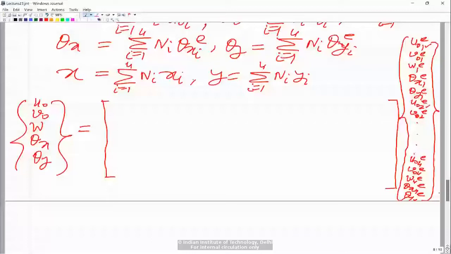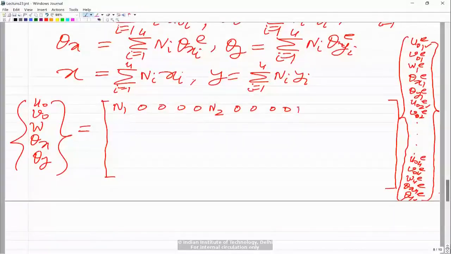So we will have N1 here, and then 0 0 0, then again N2 0 0 0, and then again N3 0 0 0, and so on. Like that you have to do for this matrix. You have to complete all the 20 columns. So it will have 20 columns.